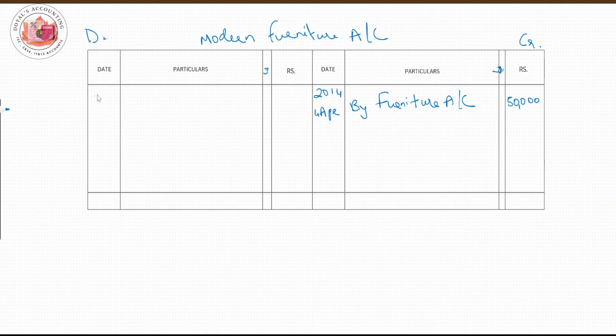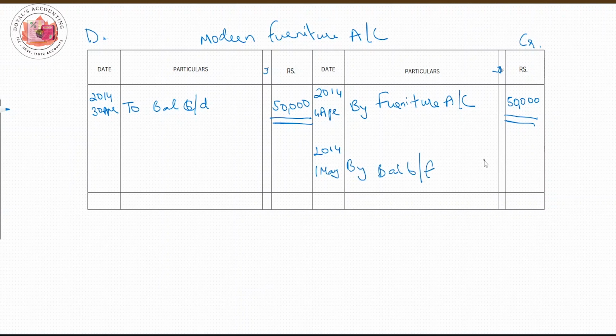So we balance. 2014 30 April, to balance carried down 50,000. First May, by balance brought forward 50,000.